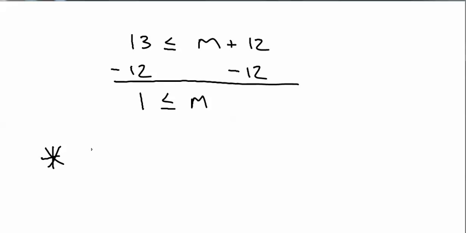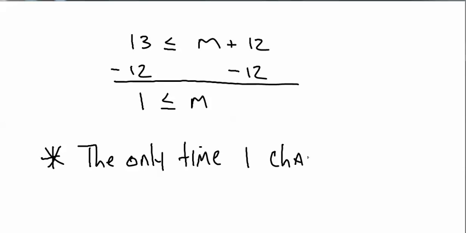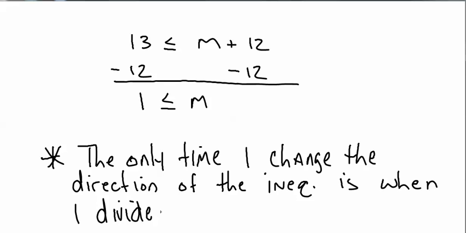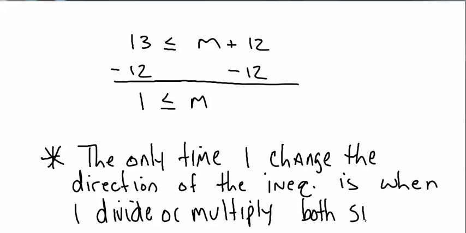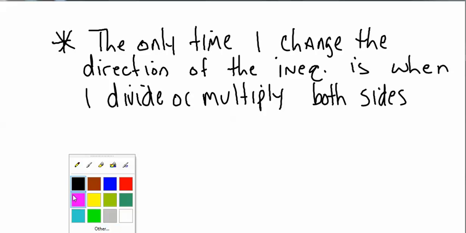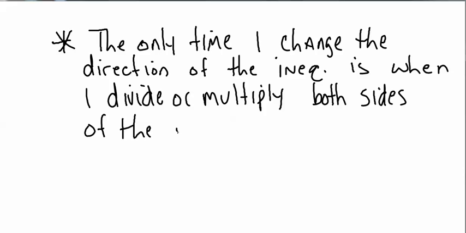You put a big note. The only time I change the direction of the inequality is when I divide or multiply both sides of the equation by a negative.